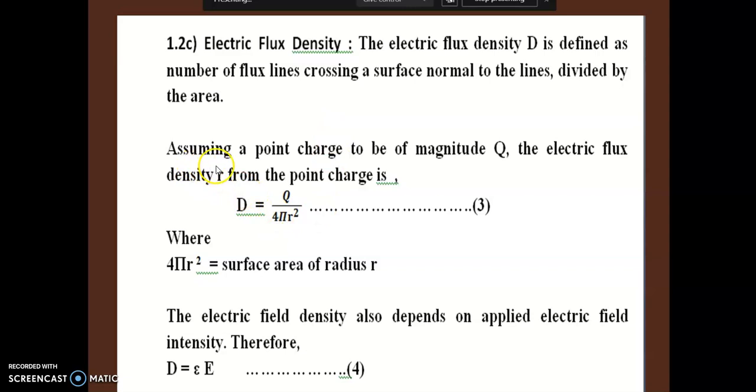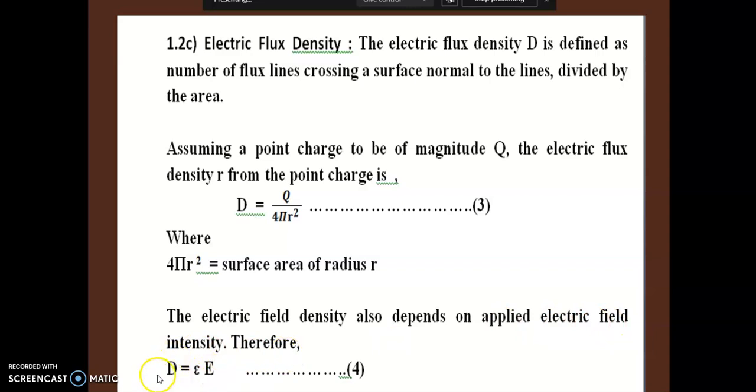So if you assume a point charge of magnitude Q and electric flux density at distance R from that charge point, flux density will be given by charge per unit area, and area will be 4 pi R square. So 4 pi R square is the surface area of a sphere of radius R. And electric flux density also depends upon the applied electric field intensity.